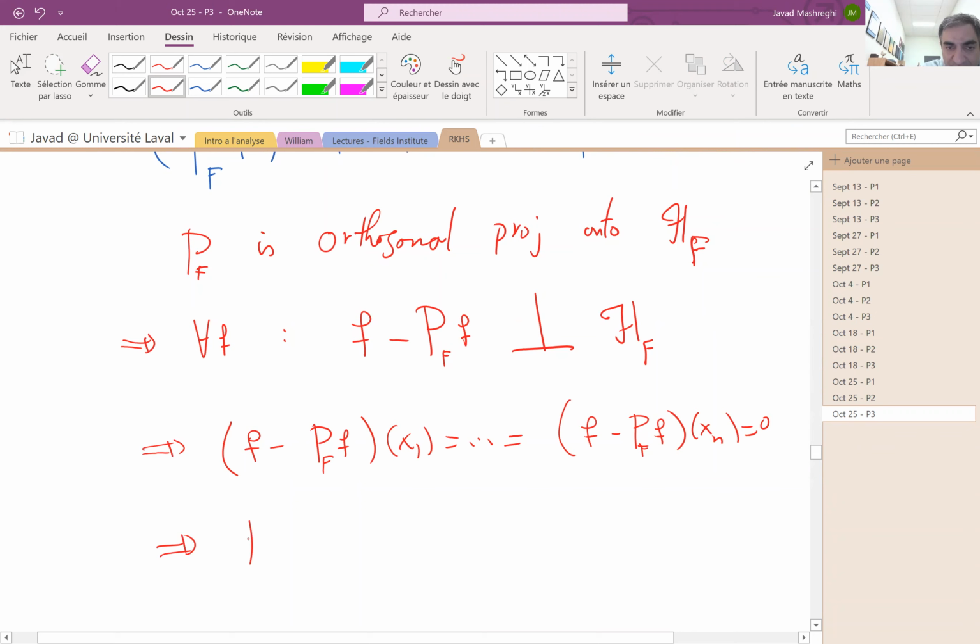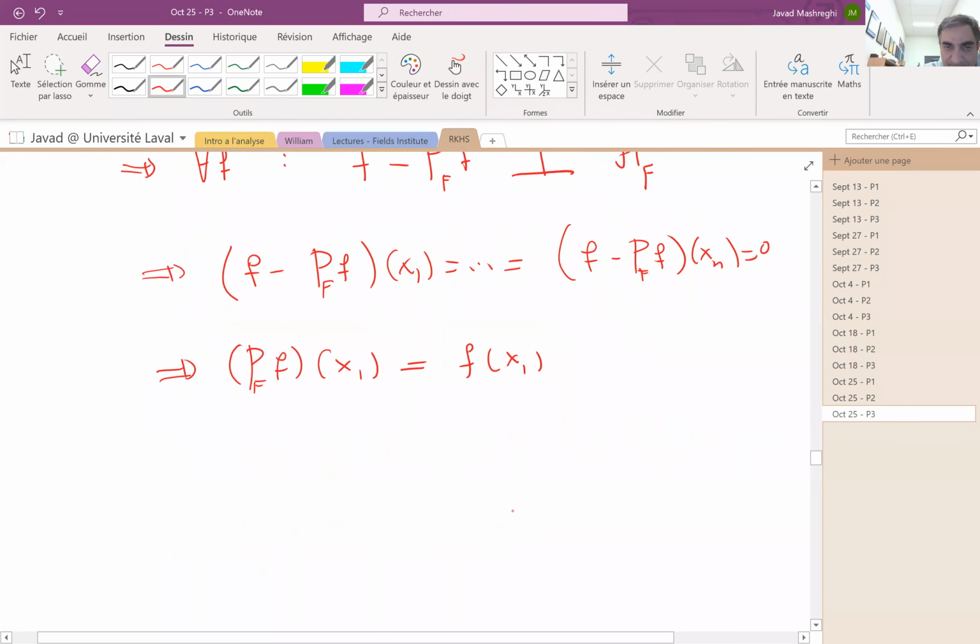So in other words, PF at point x1 is equal to F at point x1, and PF at point xn is equal to F at point xn.